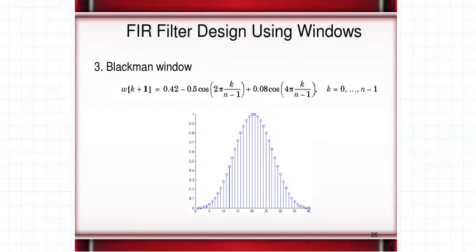The next window is the Blackman window. The equation of the Blackman window is as shown, and this is the characteristic of the window. If you compare all the windows, you can see the shapes of the windows differ. The way the windows tend to 0 also differs. As the shape differs, the characteristics of the window differ. How these windows affect the overall frequency response is what we will see as we go ahead.